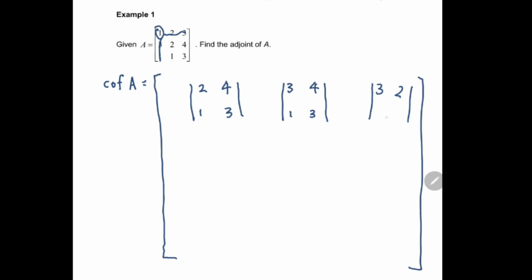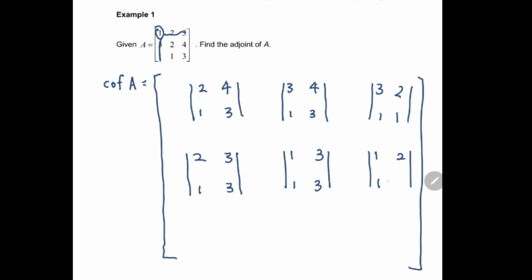Then 3, 2, 1, 1. Then we move to the second row. 2, 3, 1, 3. 1, 3, 1, 3. 1, 2, 1, 1.